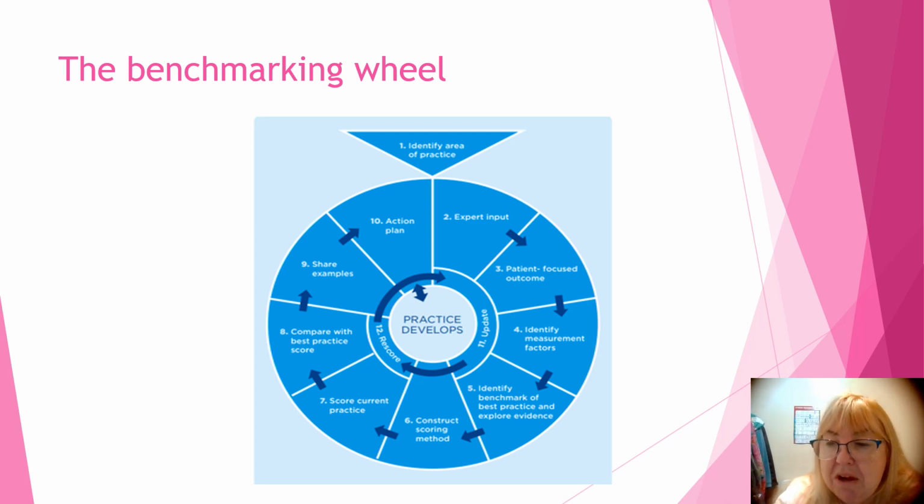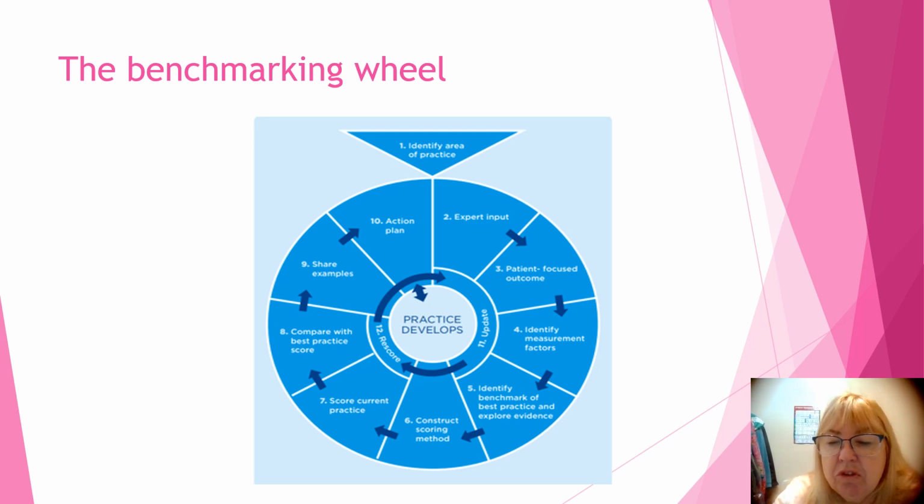The measurement factor there is the waiting time. How many days is it? Number 5, identify the benchmark and best practice. This is when you might do a lot of literature reviews, a bit of research, to find out who's practicing best. So maybe the best practice is no longer than a 3-day wait, and maybe your wait is 15 days.